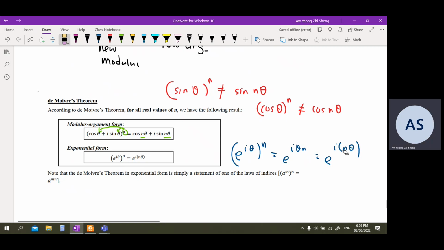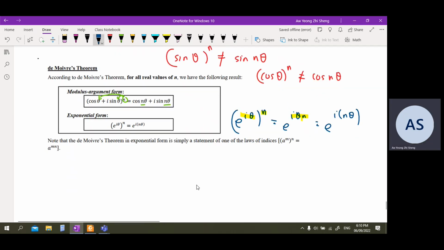So you have this very convenient result. The sentence at the bottom says, note that de Moivre's theorem in exponential form is simply a statement of one of the laws of indices, because we are simply applying the law of indices where we multiply these powers together.